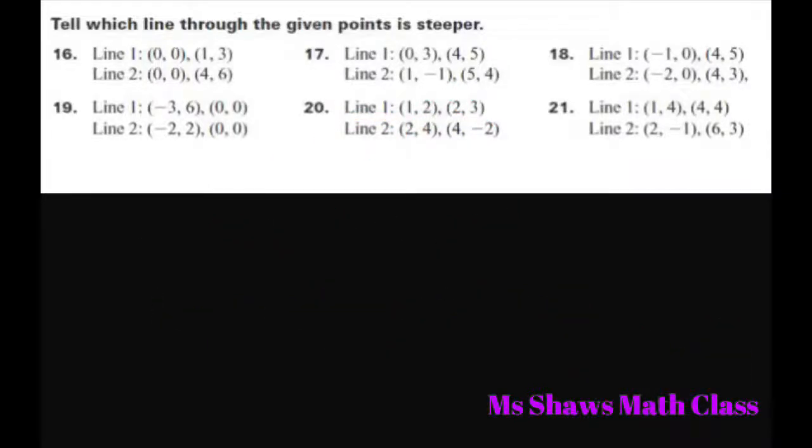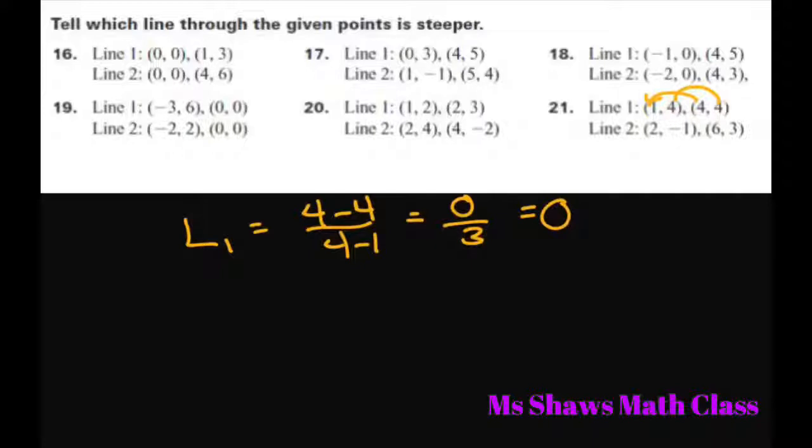And on the last one, we have line 1. It's going to be 4 minus 4, 4 minus 1. That's 0 divided by 3, which is 0.